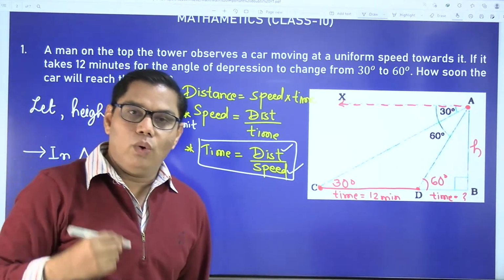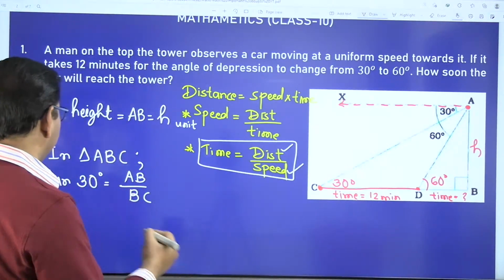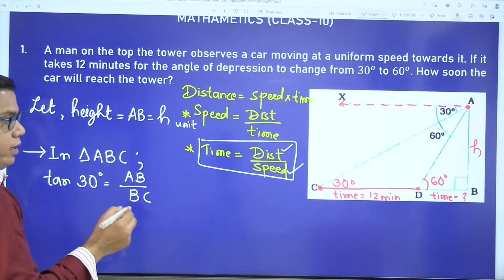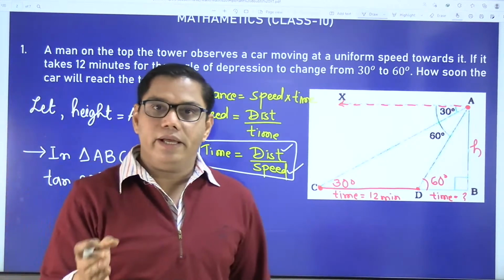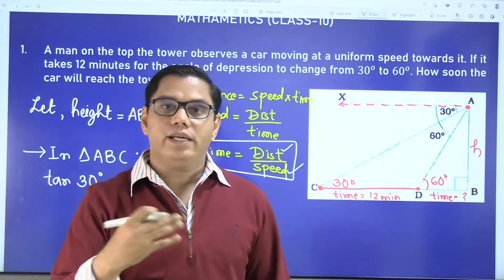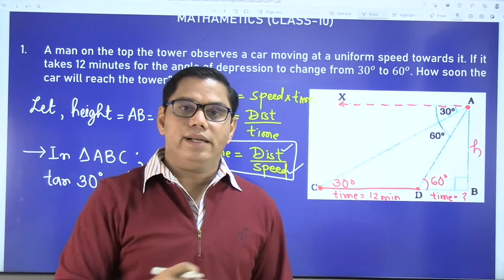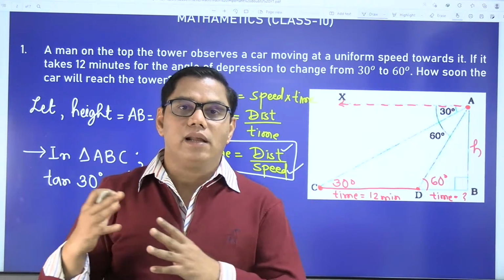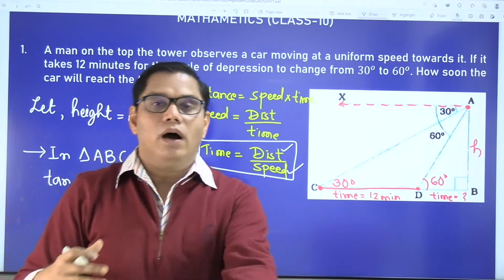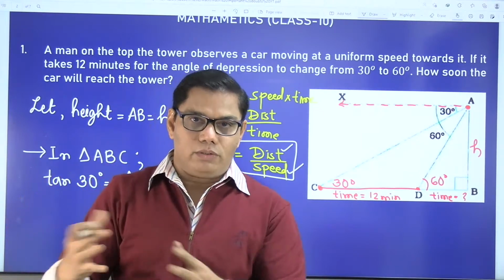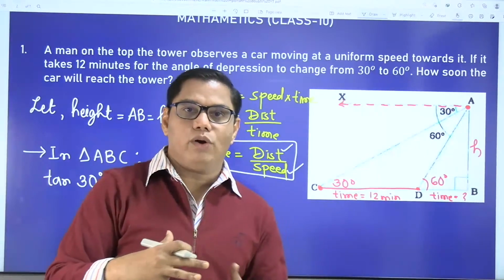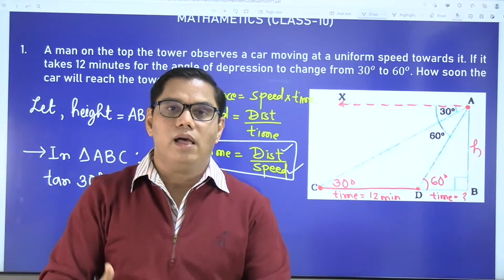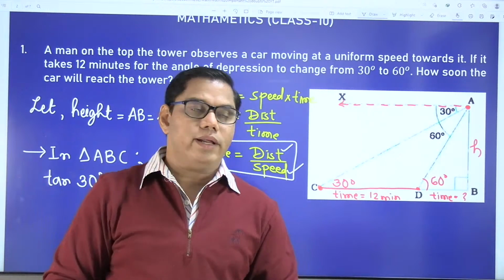Now, do you all know the value of tan 30 degree from the trigonometric table? Because 0 degree, 30 degree, 45 degree, 60 degree and 90 degree are all standard angles. And for the standard angles, generally we do not use the logarithmic table or a trigonometric table from where we read the value of the trigonometric ratios.